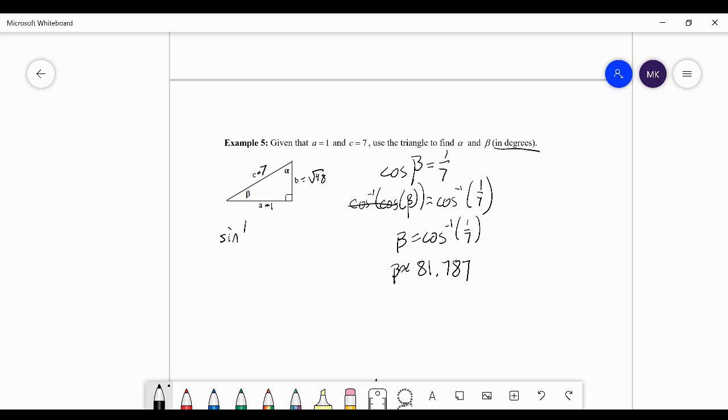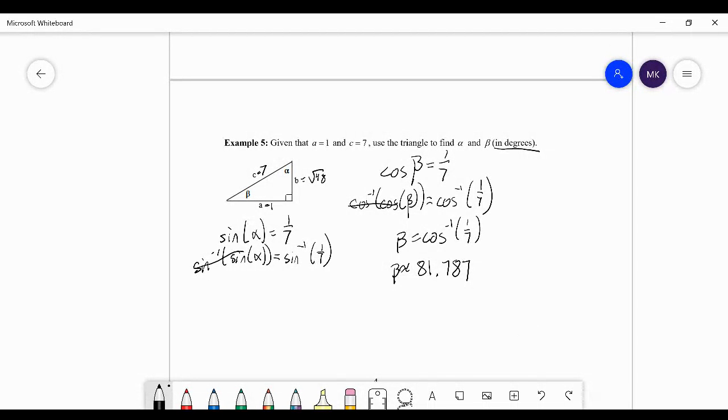So I know that the sine of alpha is 1 over 7. Since with angle alpha, I know the opposite and the hypotenuse. Do the exact same thing as we did on the last problem. So we take the inverse sine of both sides.